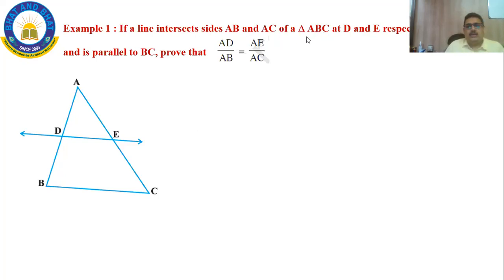We know that DE is parallel to BC. So for this proof, what do I have to write? What is given to us? Given that DE is parallel to BC. See, if a line intersects AB and AC at D and E and is parallel to BC, this is what is given to us.